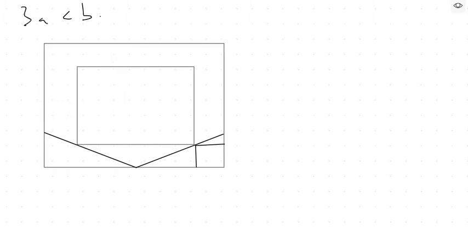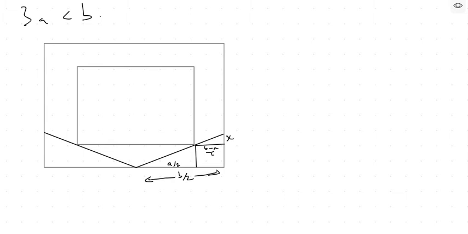What's this going to be? This is B over 2, which is all of that. This is B minus A over 2. This here is A over 2. What else have we got? We've got some unknown X here.